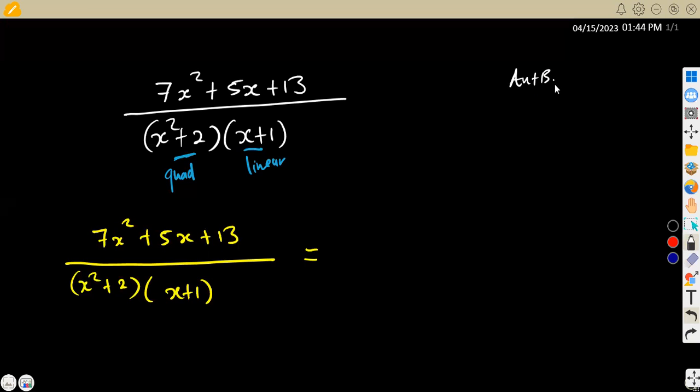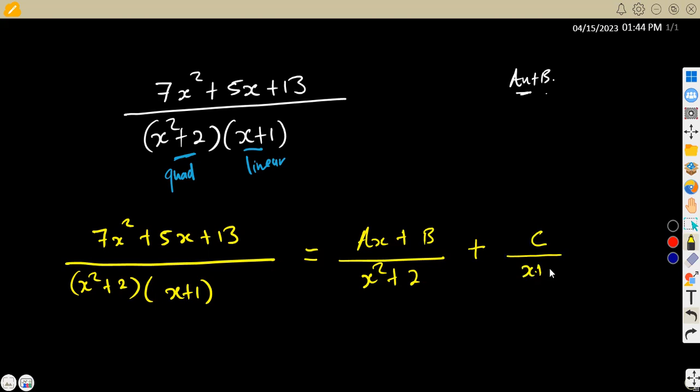If you are having it as the first part, then you express it as ax plus b over our quadratic factor, which is x squared plus 2. We move on to the linear factor, which is x plus 1. So this one is just going to be plus a constant c over x plus 1. We have used a, b, we are now at c.